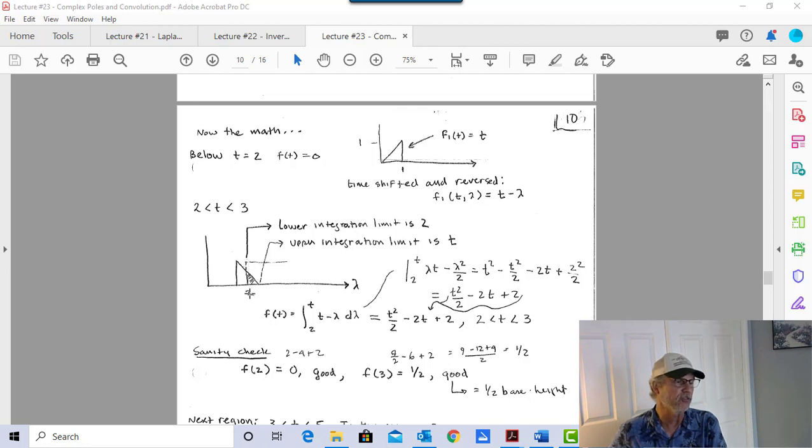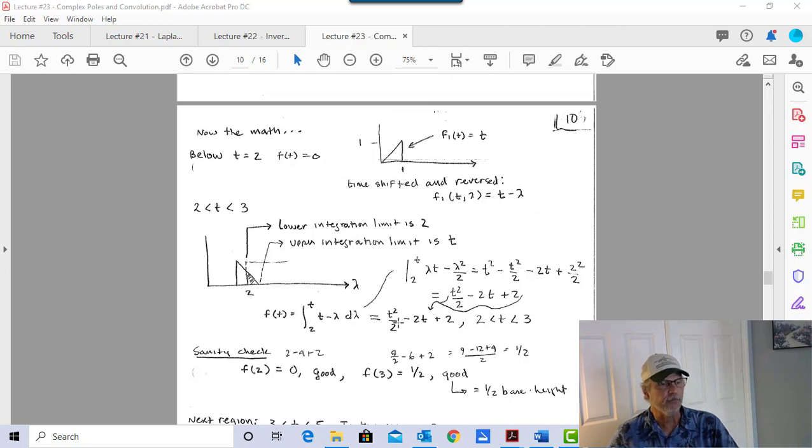Or in other words, the integration starts here. And where does the integration stop? It stops where the nose of my triangle is. And that's going to be t. So my lower integration limit is 2, and my upper integration limit is t. So here's the integral right here.